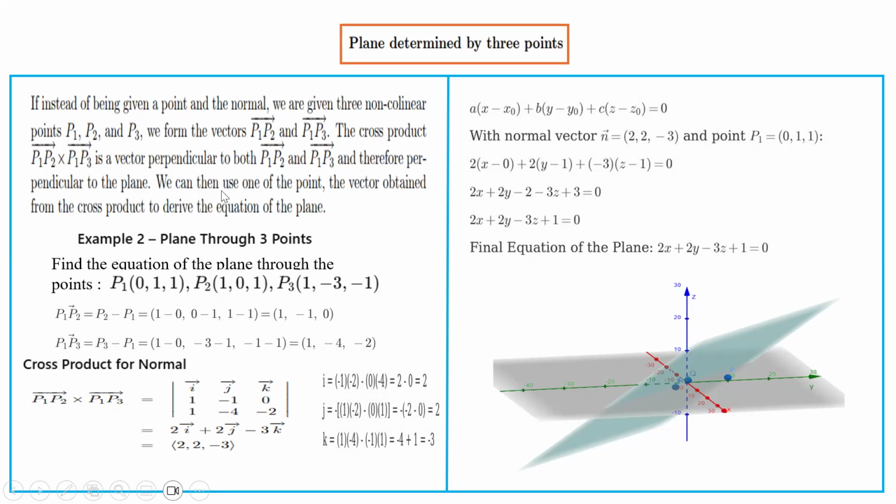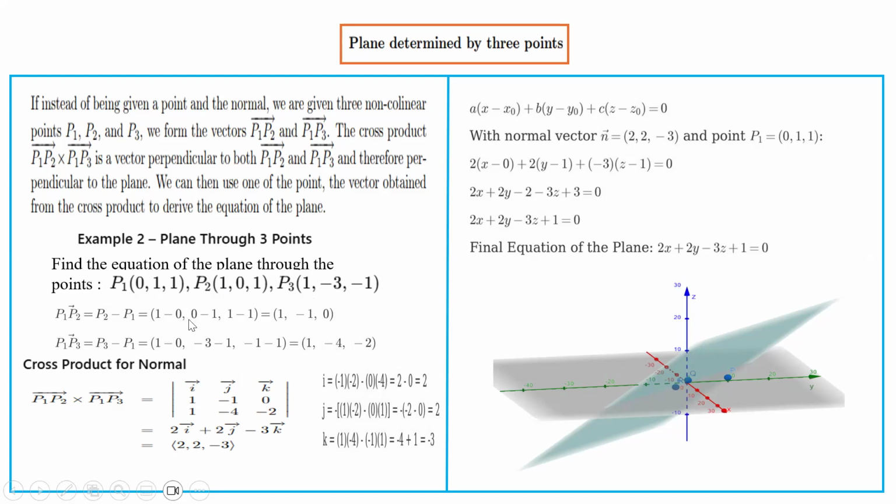So for this example, we find the equation of the plane that passes through the points, and we're given 3 points here: P1 (0, 1, 1), P2 (1, 0, 1), and P3 (1, -3, -1). Now to form two vectors, for P1P2, we use P2 and subtract P1, subtracting the values.